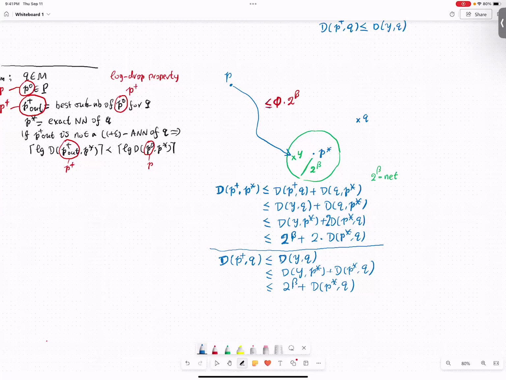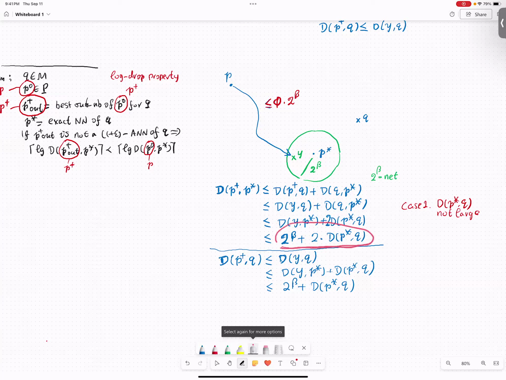All right, so let's analyze these two terms a little bit. First of all, intuitively, if this is not very large, so case one, let's write it down here. Case one, if this p star q, so this is the exact nearest neighbor distance, is not very large, then the whole thing will not be very large.